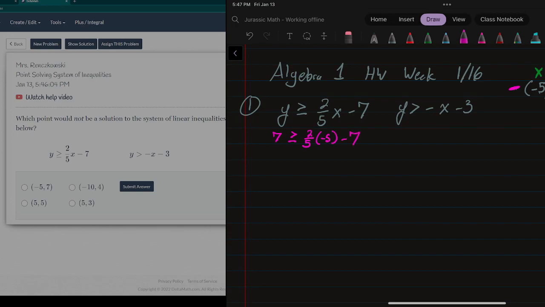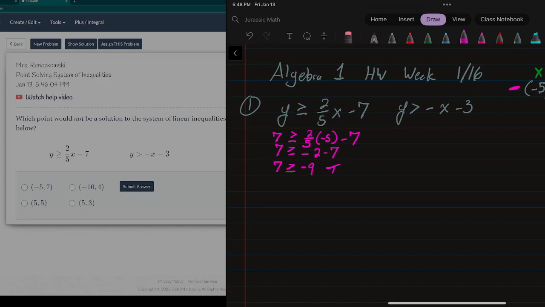I'll do order of operations. 2/5 times -5 is going to be a negative. The 5's cancel, and we're left with -2 minus 7. So 7 is greater than or equal to -9. That is a true statement, which means that could be an answer.